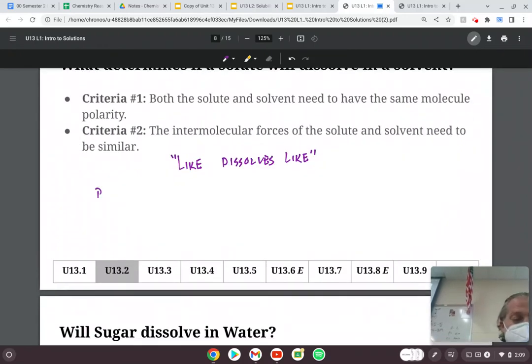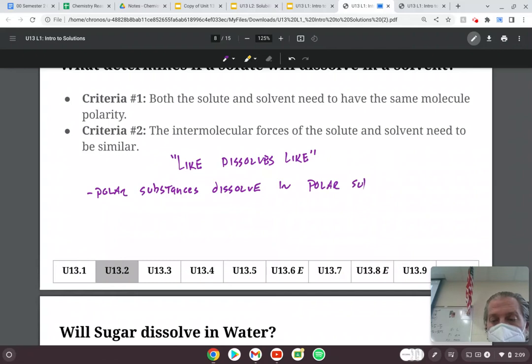What I mean by that is polar substances dissolve in polar substances, and nonpolar substances dissolve in nonpolar substances.